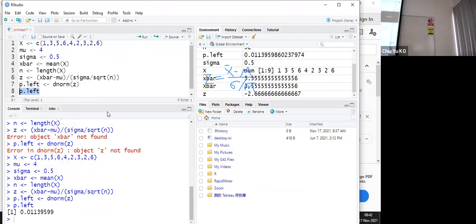I'll let you do the calculation for the right tail and the two tail; that's an exercise for you. I do the left tail for you, and you do the right tail.